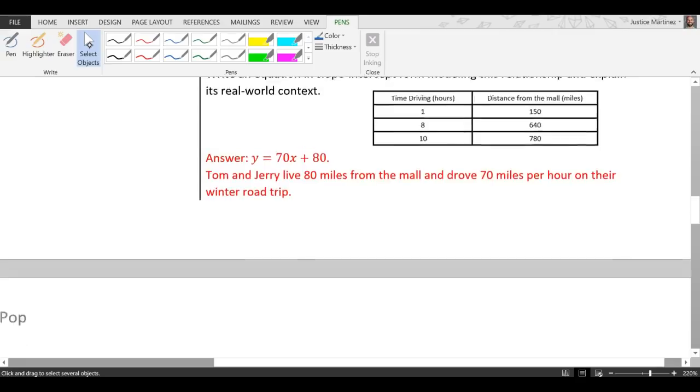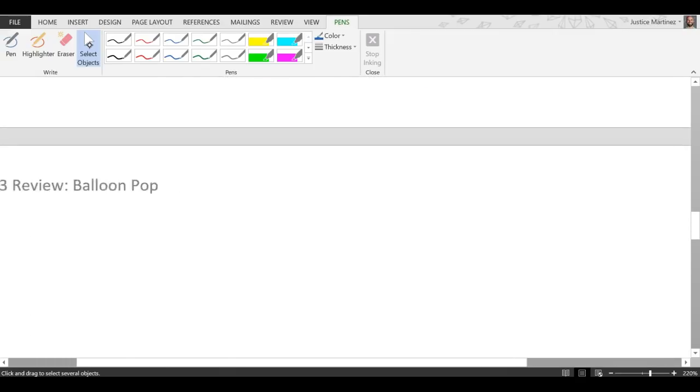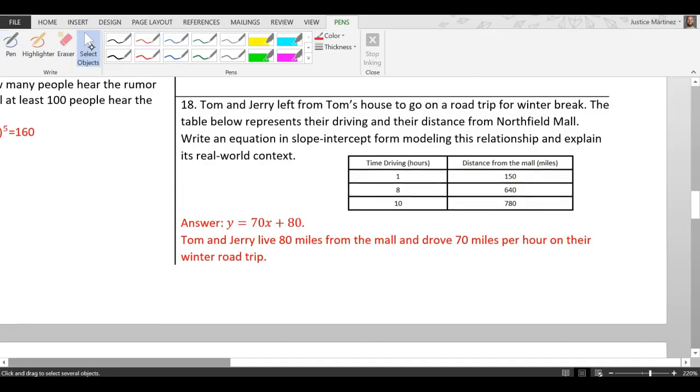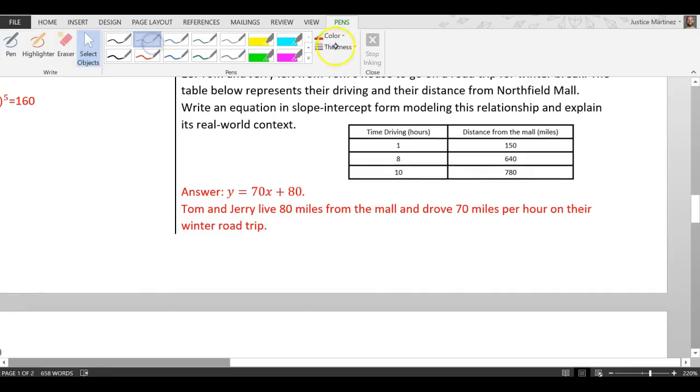And then finally down here, hopefully some of you saw how to do this during class, but just to make sure. That increase, well, 150 to 640 is going to be about 490, and this was 7.